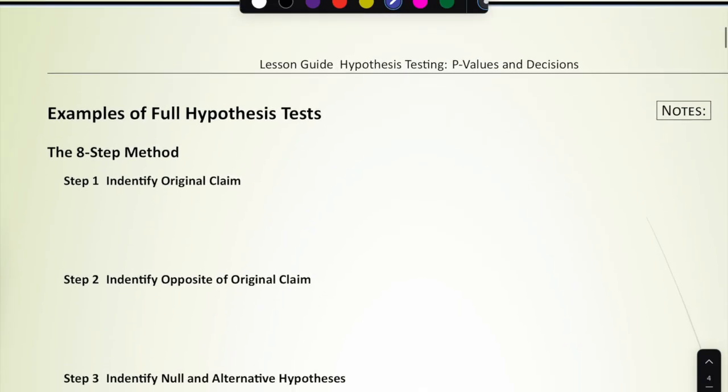And now let's talk about the 8 steps. Okay, so the first step, now the first 3 steps we have seen before. First is to identify the original claim, and write it in math notation.